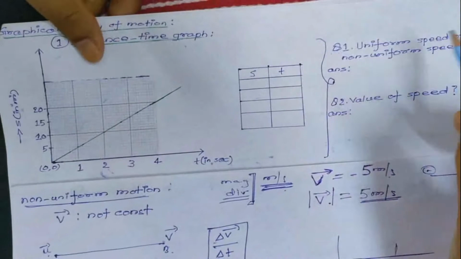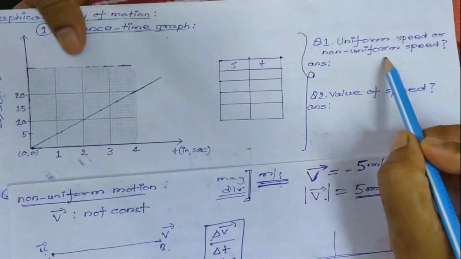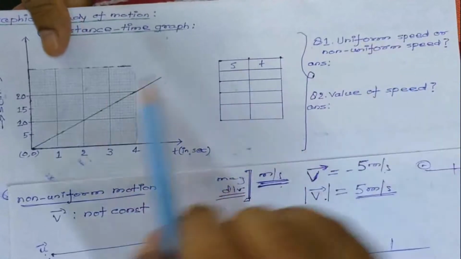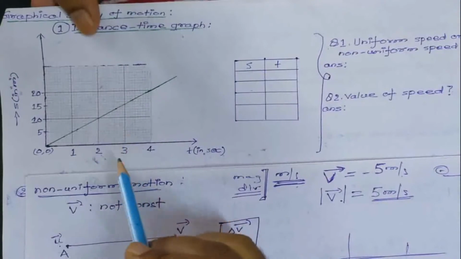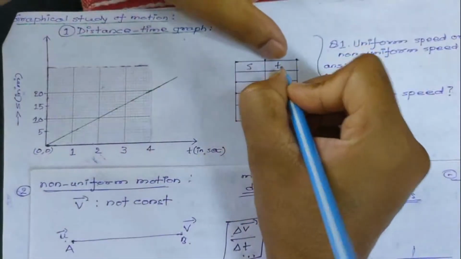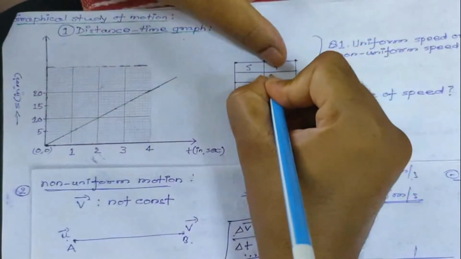Can you tell me whether the object is traveling with uniform speed or not? It's a very simple question, guys. So think about it. Meanwhile, I'm calculating something for you. Don't calculate, just look at this particular graph.